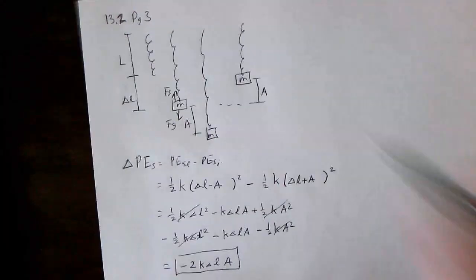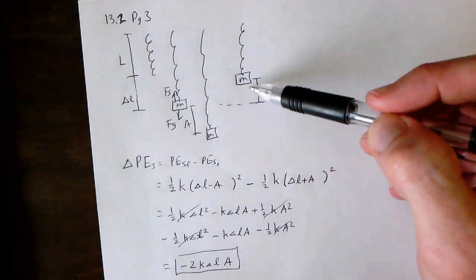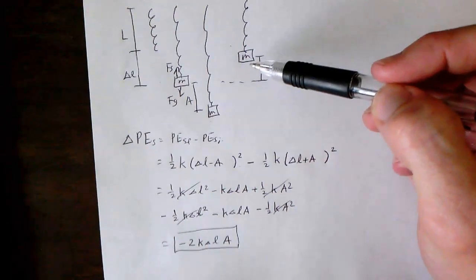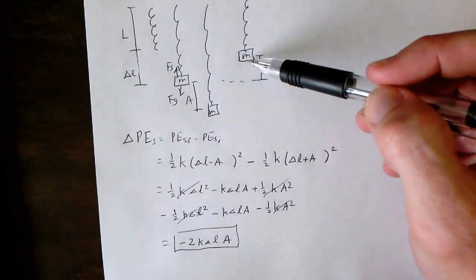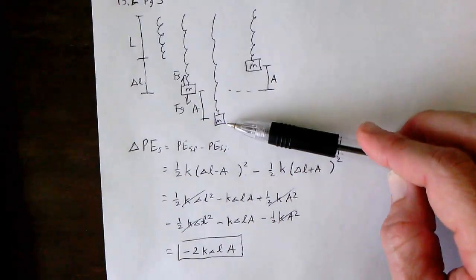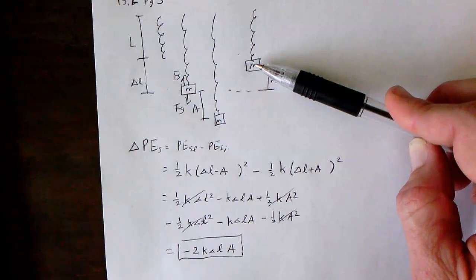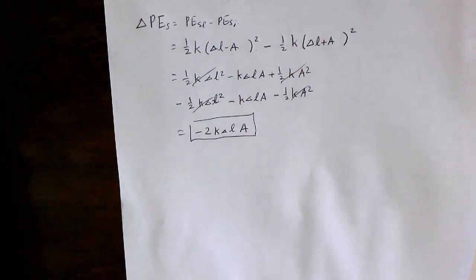Why is it negative? Well, the spring had more potential energy here than it does here, so the spring has lost spring potential energy, elastic potential energy. Now we can do something with this. Where did that spring potential energy go? Well, the mass wasn't moving here at the very bottom, and it's not moving there at the very top where it comes to rest, so it goes into the gravitational potential energy.